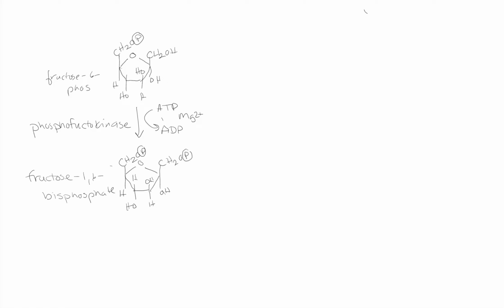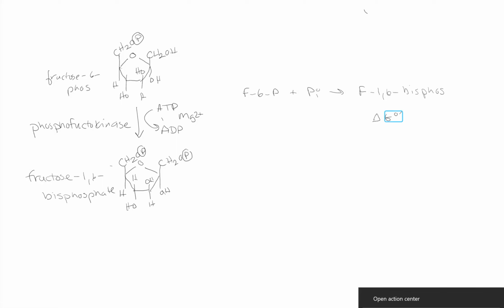Like in the first reaction with hexokinase, the phosphorylation of fructose 6-phosphate is a priming reaction and it's endergonic. So if we look at fructose 6-phosphate plus an additional phosphate, without ATP, going to fructose 1,6-bisphosphate, the delta G under standard conditions for that is going to be 16.3 kilojoules per mole.